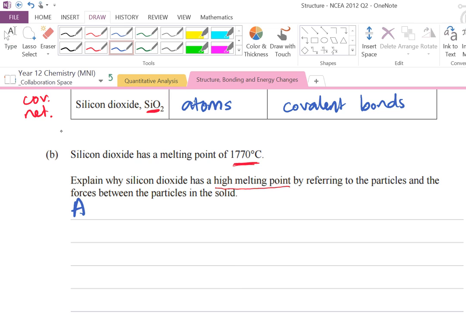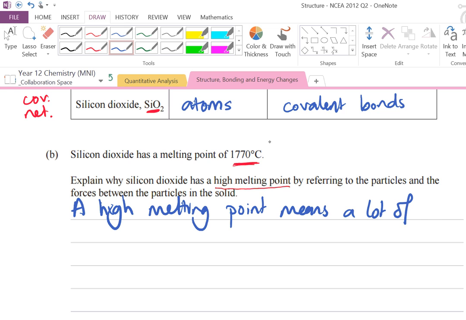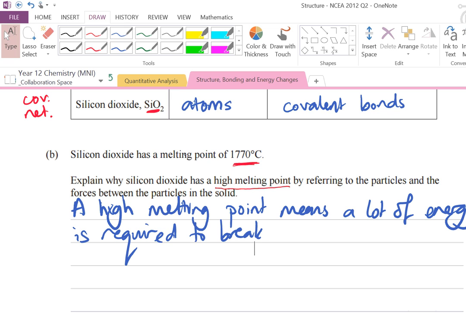So a high melting point means a lot of energy is required to break the forces or the bonds between the particles.